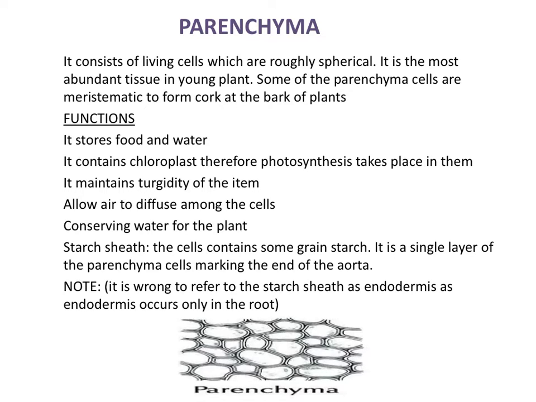Note, it is wrong to refer to the starch sheath as endodermis, because endodermis occurs only in the roots. These starch sheaths occur in the stem of the plant, so you can't just call them endodermis.